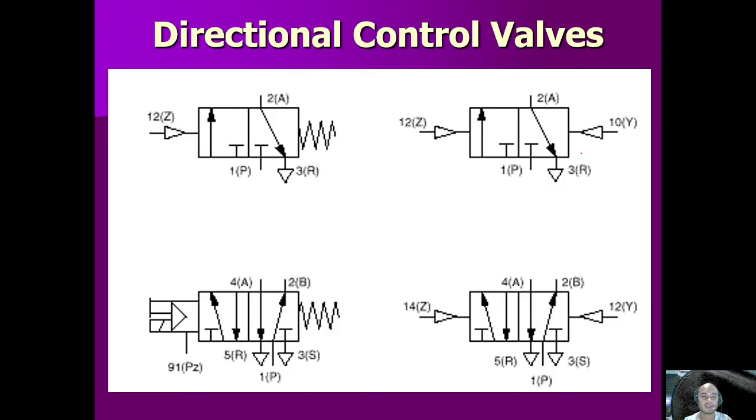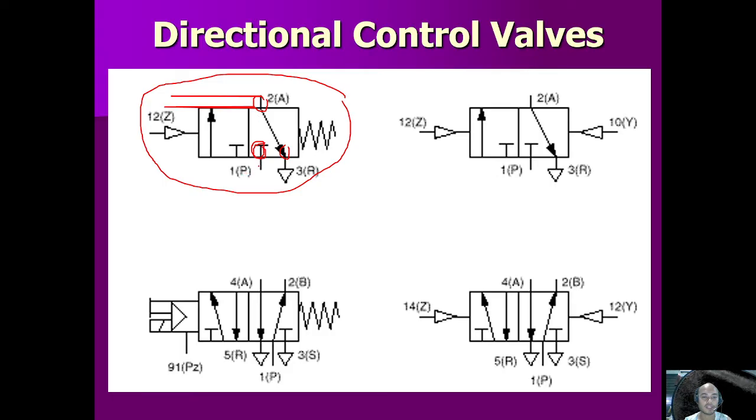Okay, so let's see. This one is a 3-way valve, since it has 1, 2, 3 ports. The port here is from the source, which is P or 1. So there is no flow.